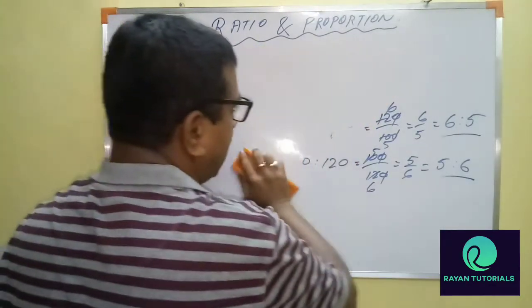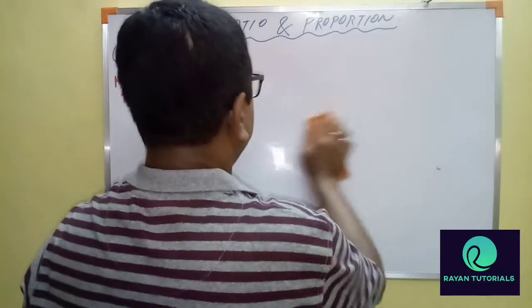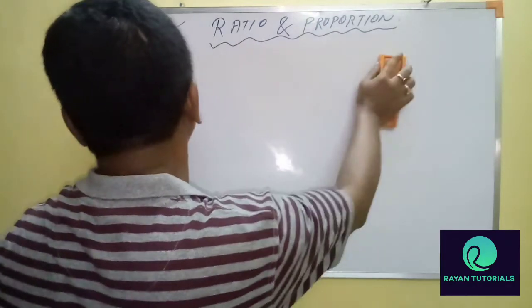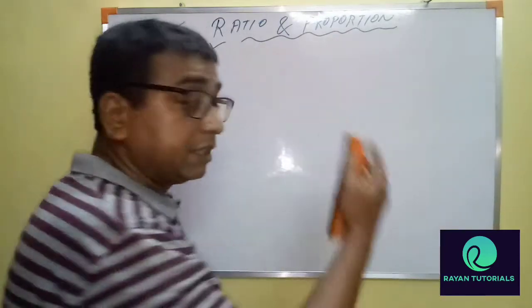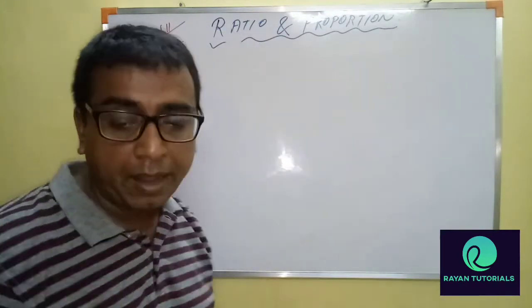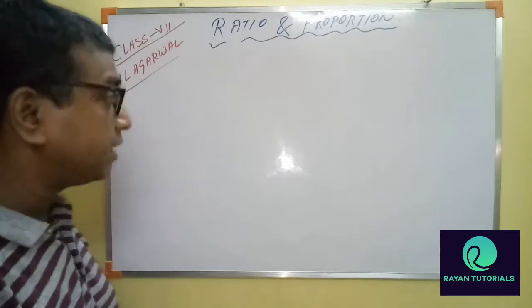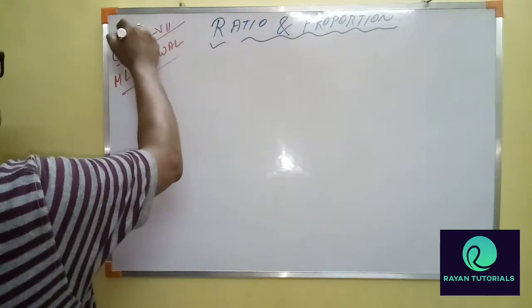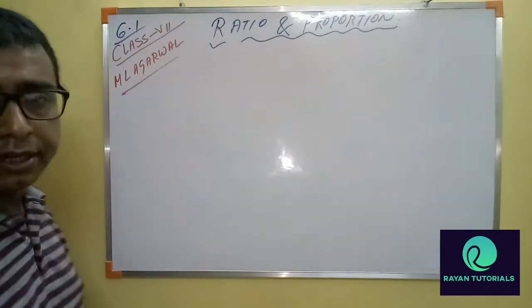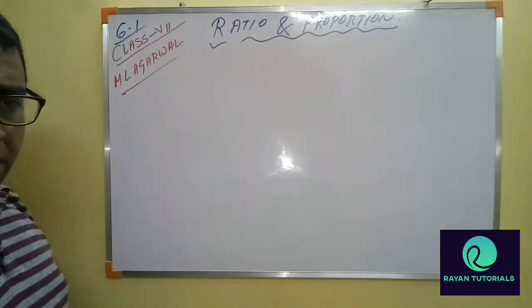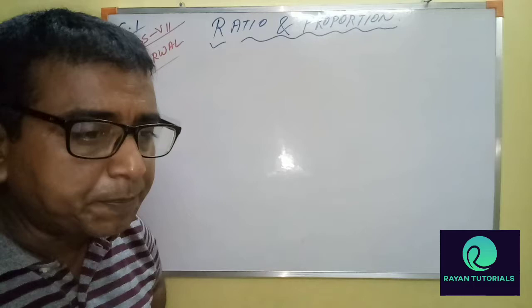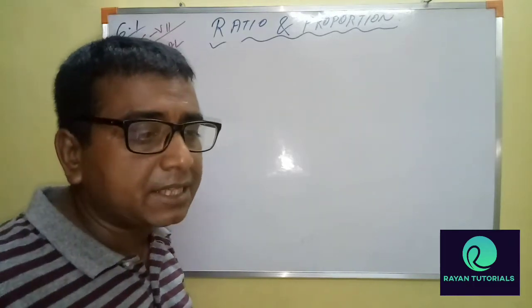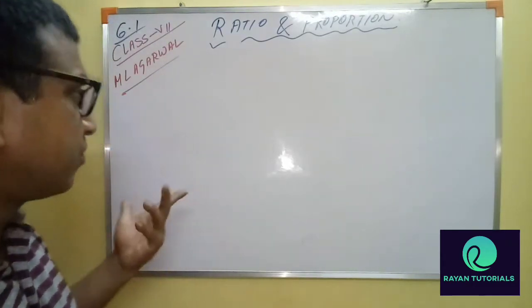I don't think in class 7 we have anything else. So let us jump straight into the questions of M.L. Agarwal's exercise number 6.1. The first question asks: express the following ratios in the simplest form.